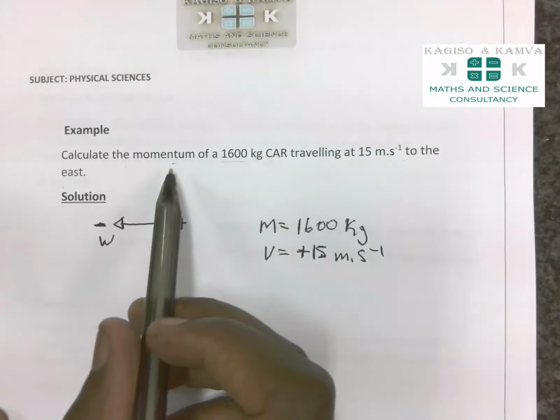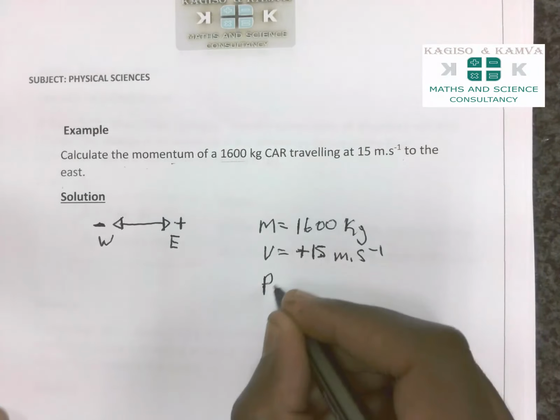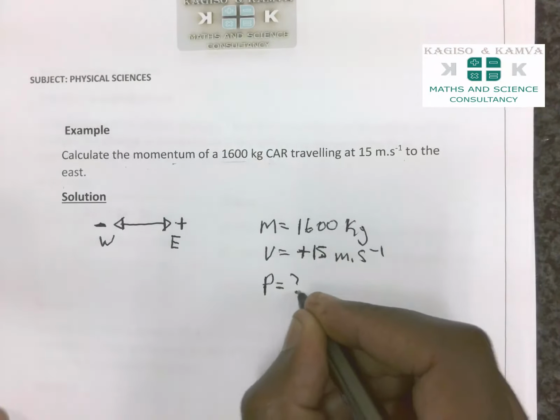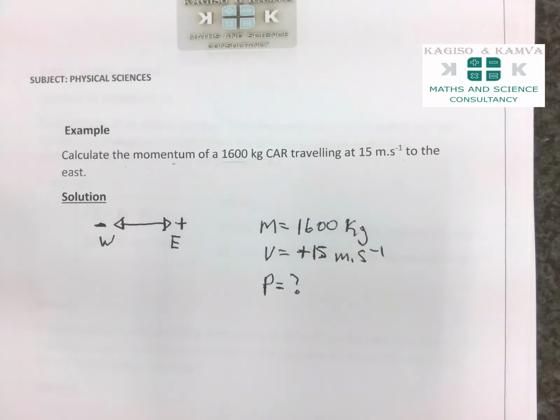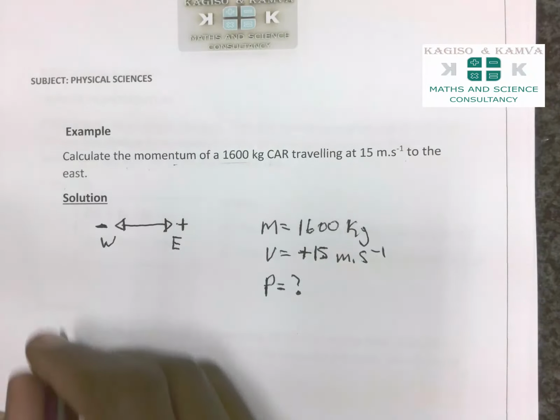We are asked to calculate momentum, so P is going to be unknown.